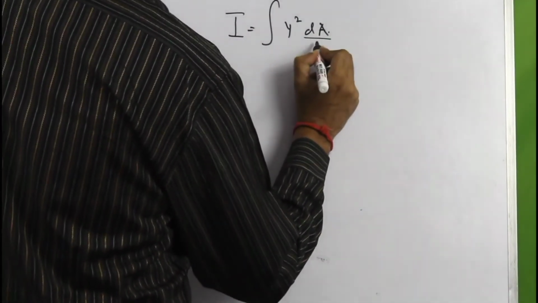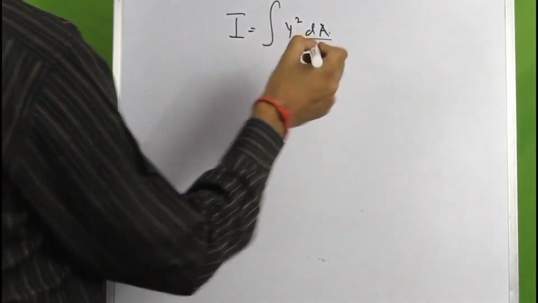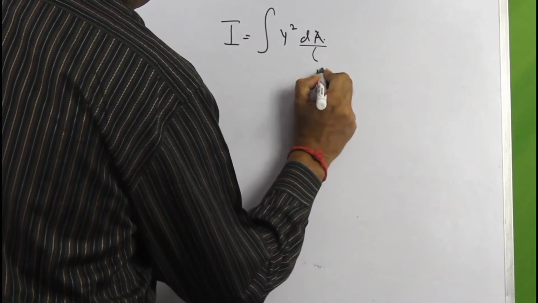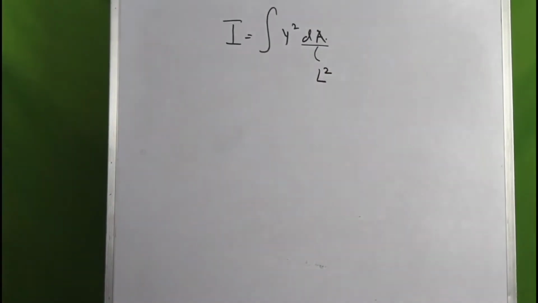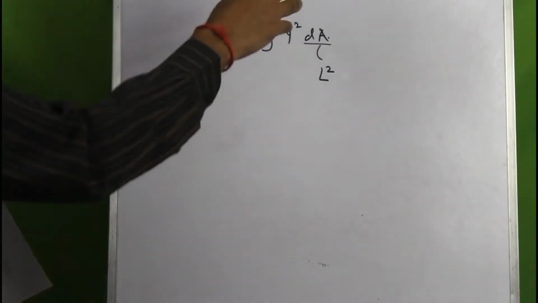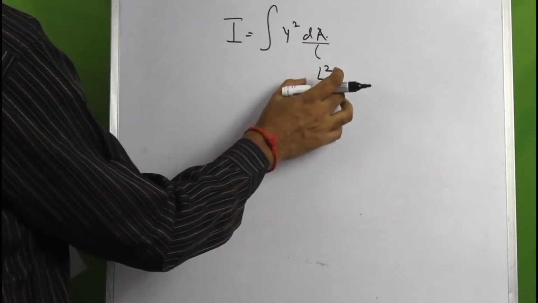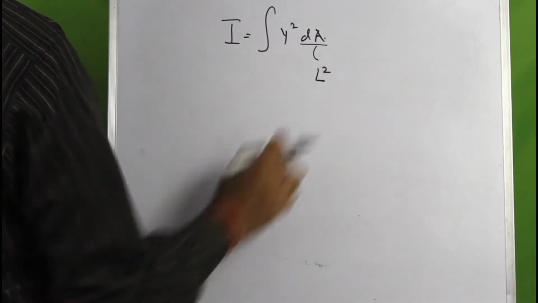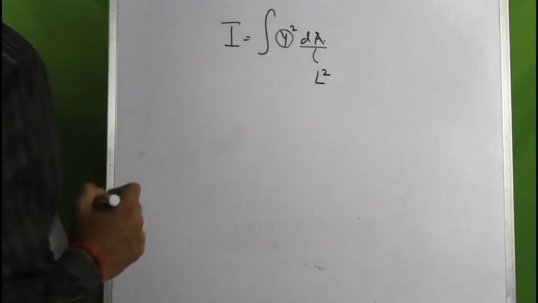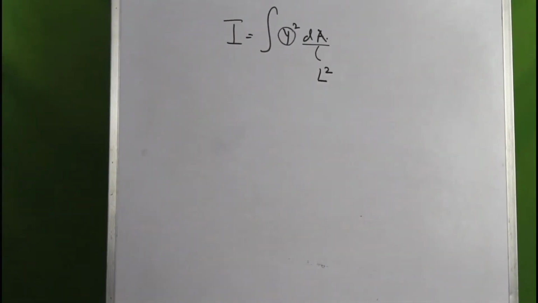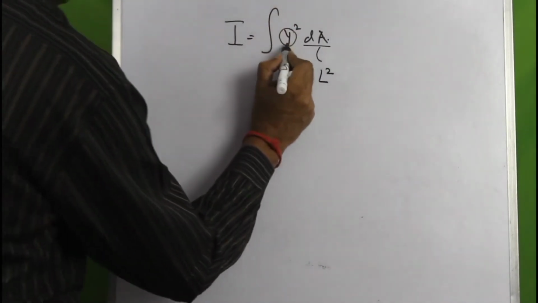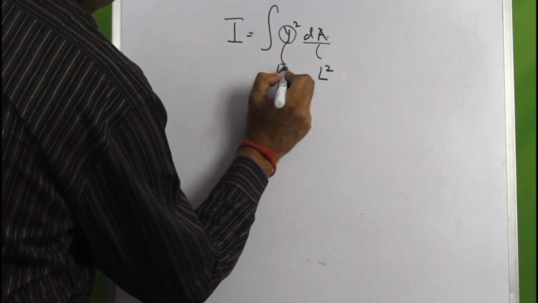Now this is an infinitesimal area, which has the units of area, which would be length squared, right? Because area has units of length squared, and this one is y, which is a distance, so the units would be length, but since it's squared, the units of y squared would be length squared.